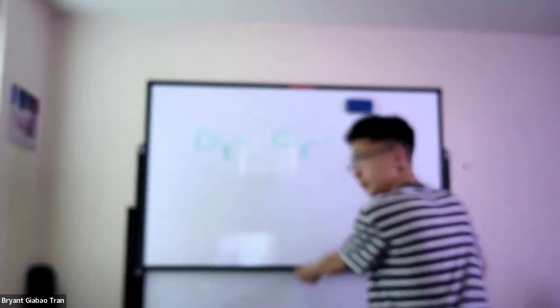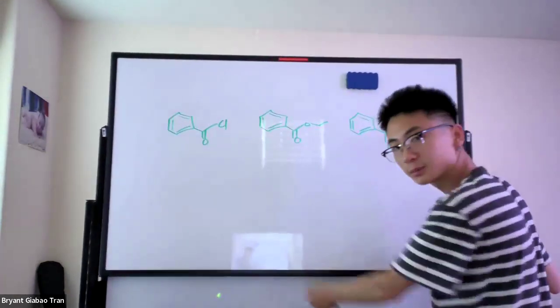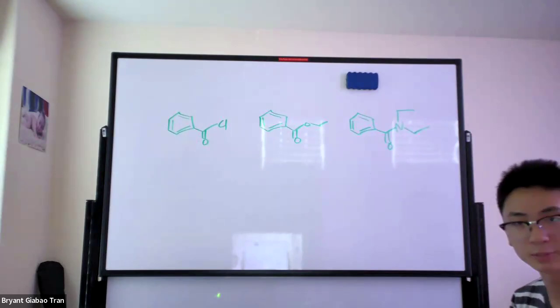Now, rank these following molecules in order of increasing basicity, where 1 is going to be the most basic molecule, 3 is going to be the least basic molecule.